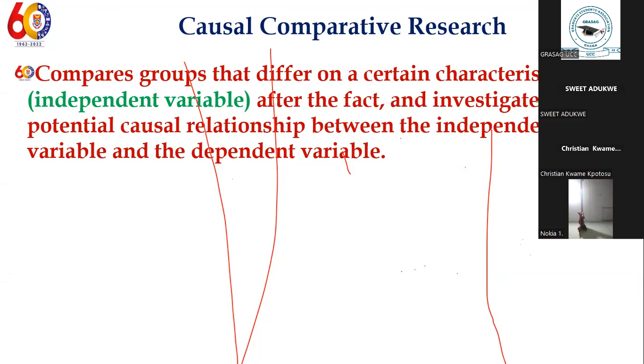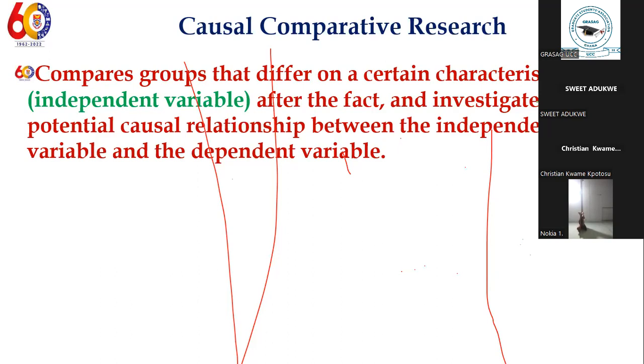But when we come to causal comparative and we want to see the effect of receiving a bonus, let's say, in a job setting, there are some people on incentives and there are some people not on incentives. To what extent does receiving or not receiving incentives affect the job satisfaction of the individuals? So in this case, we are comparing two groups.